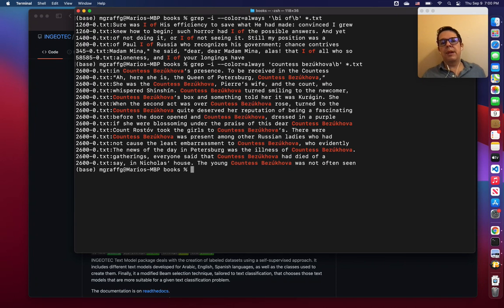But if we look at this, we can see where this pattern is found in the book, and it's this particular book. So Countess Vescova is only in one book, which is kind of obvious, because it's not that it's an uncommon name, it's just not going to be in all the 25 most frequent books.